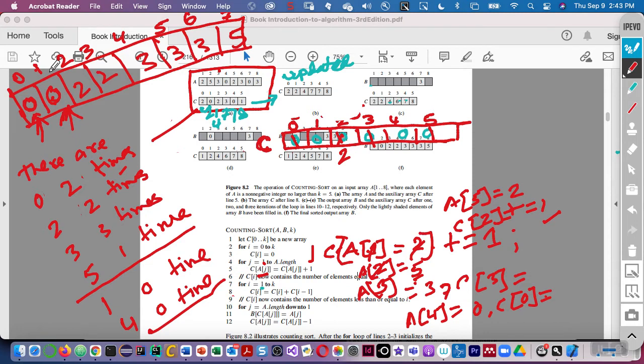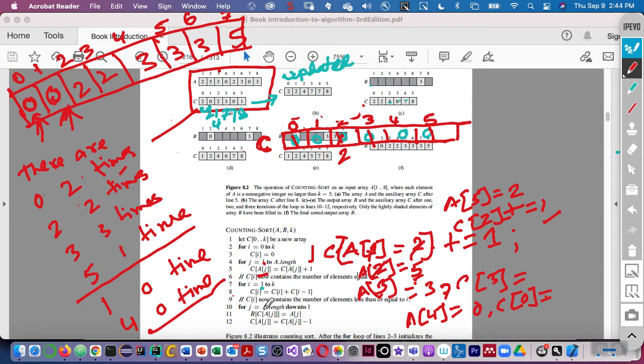So for j equal to A.length downward to 1; here they put index 1 and the last index equal to the length.